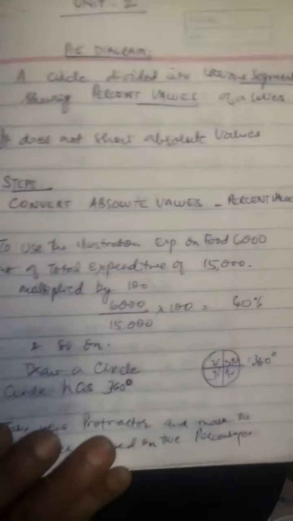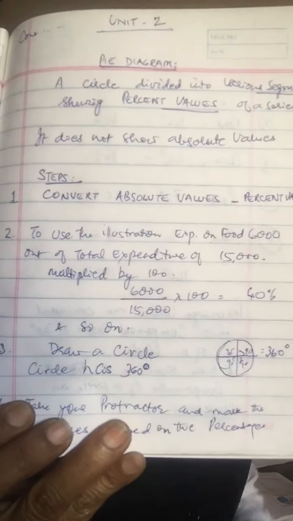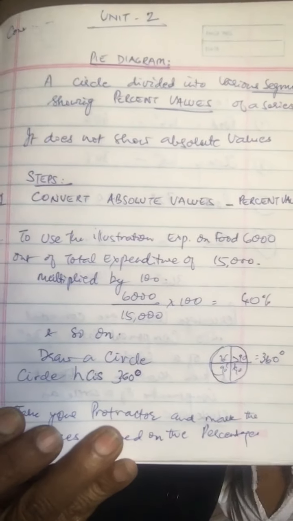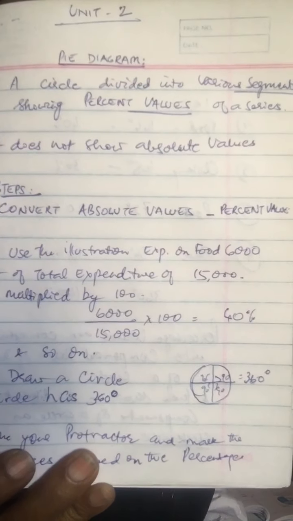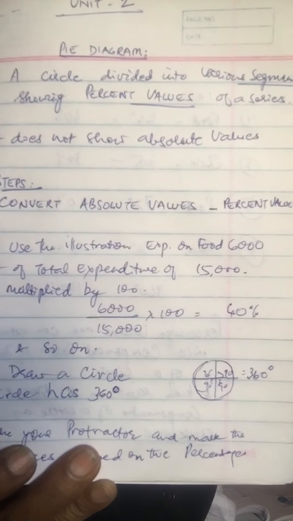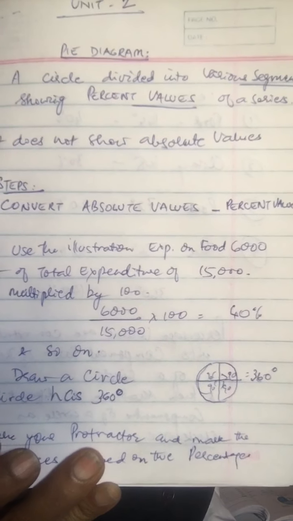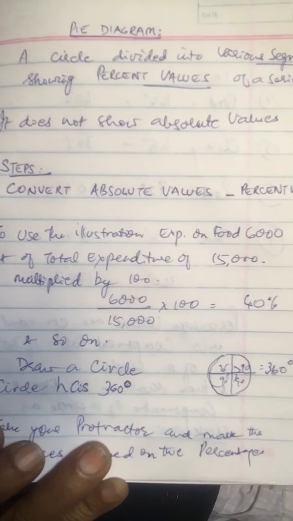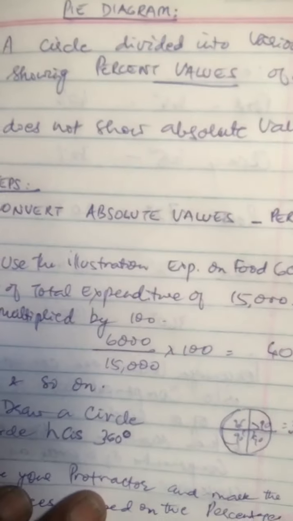So we mark out the segments with the help of a protractor this way. Okay, and you know that a circle has how many degrees? 360 degrees. So that's what we work out, and then we distribute it, say, in a clockwise way.